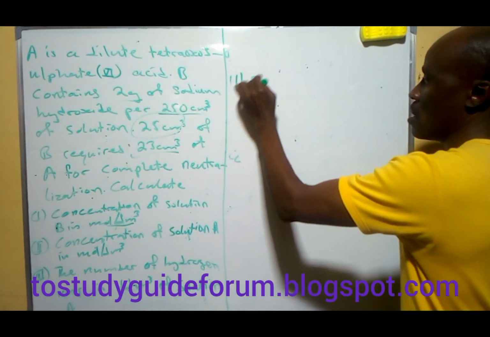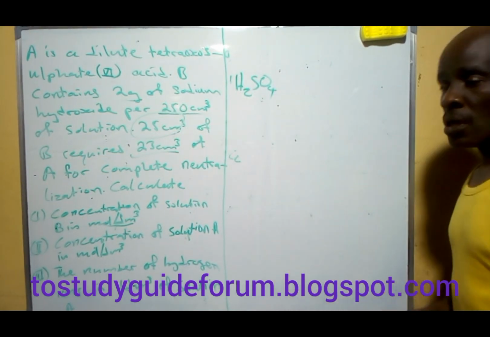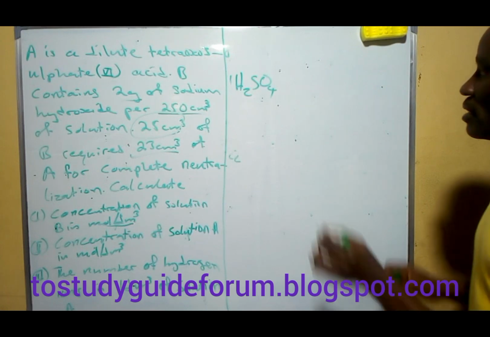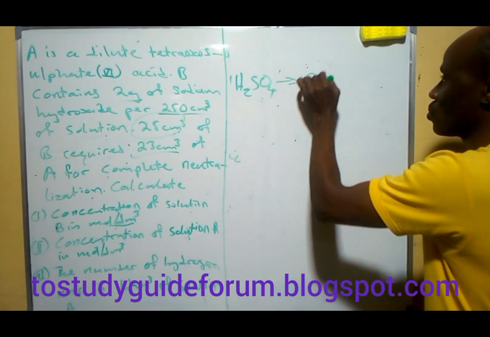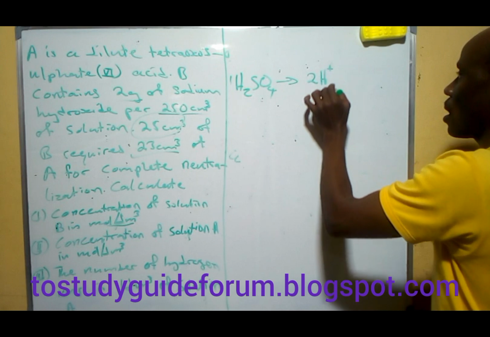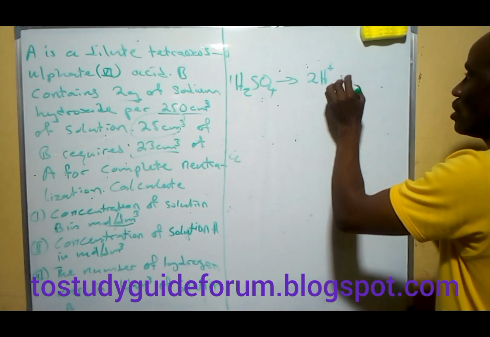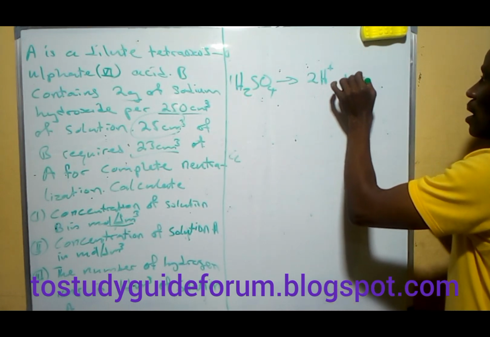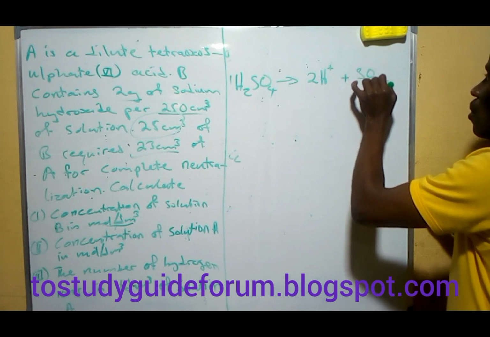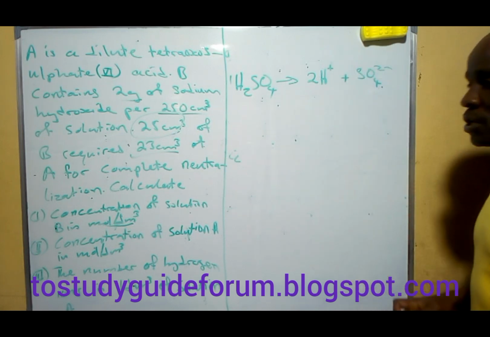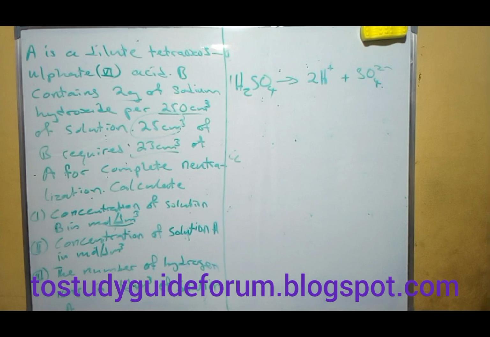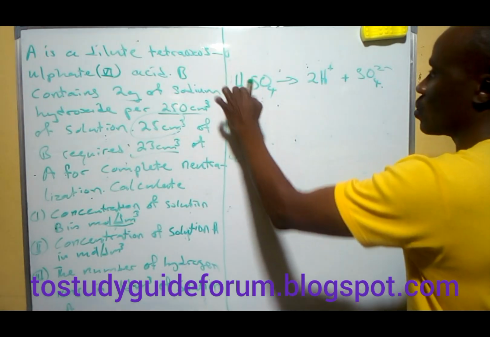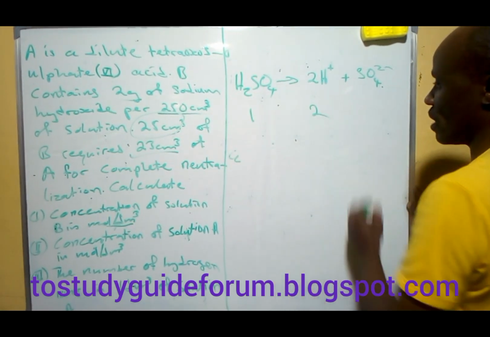When tetraoxosulphate acid ionizes, it will give us 2 moles of hydrogen ion and 1 mole of tetraoxosulphate ion. So 1 mole of this will give us 2 moles of that.